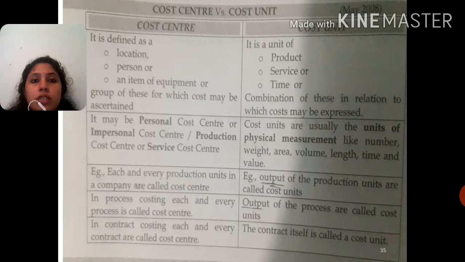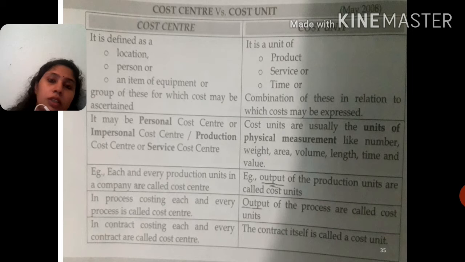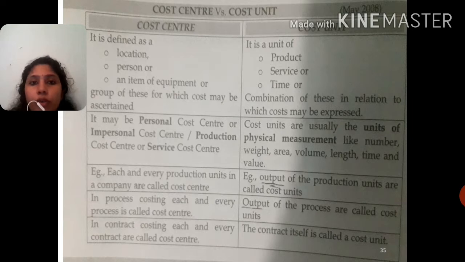Yes, come to the last difference, last point. Cost center column. In contract costing, each and every contract is called a cost center. Consider one example. ABC Limited gets a contract of road work from Kanjangadu to Bekal.